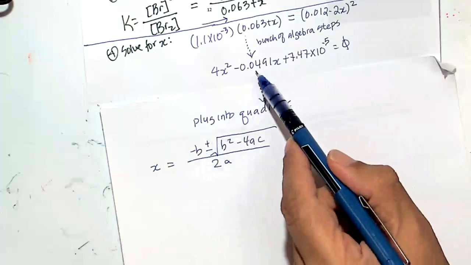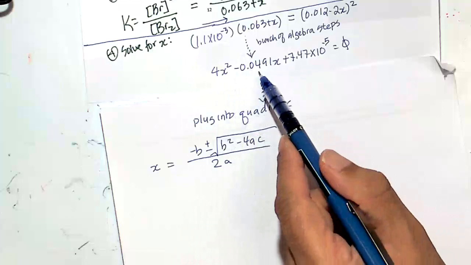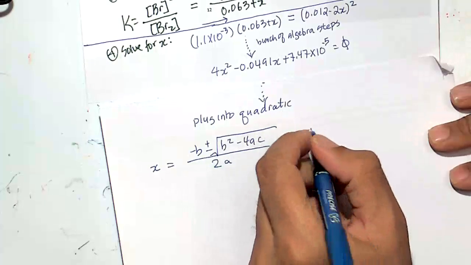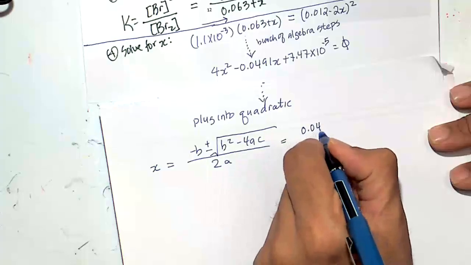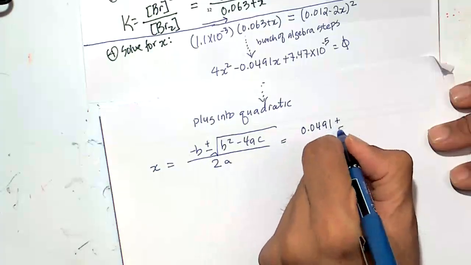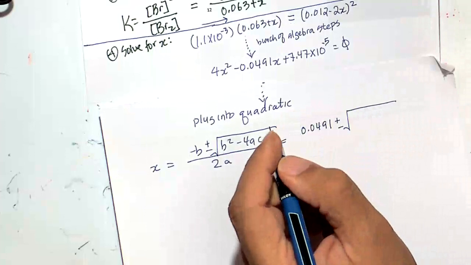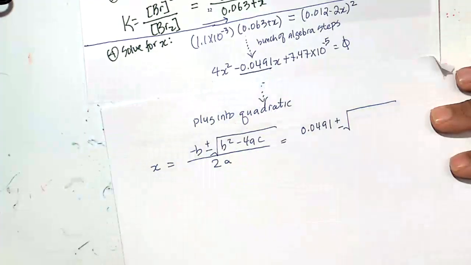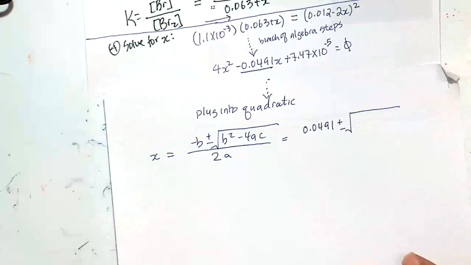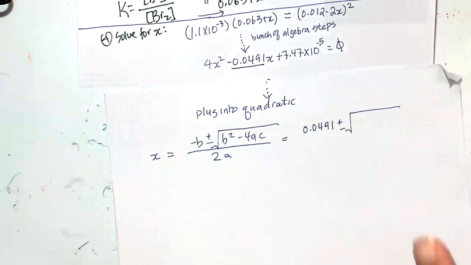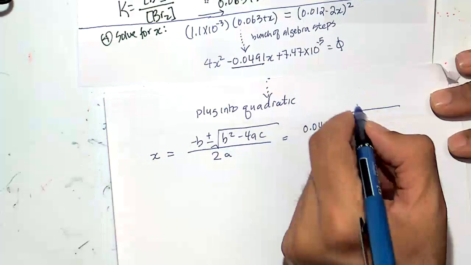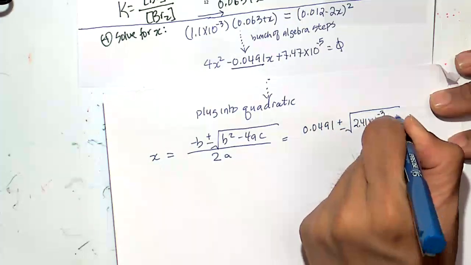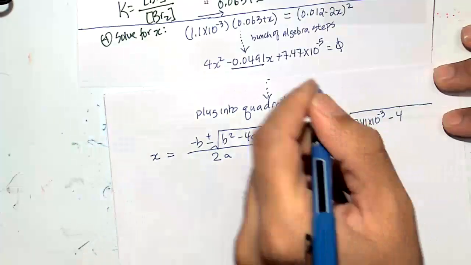So what is minus b? This is our b, so minus into minus is plus. Again, this is not on the exam, but this is going to be 0.0491 plus or minus the square root of b squared. What's b squared? It's going to be this squared. When I square it on my calculator, I get 2.41 times 10 to the minus 3, minus 4a.